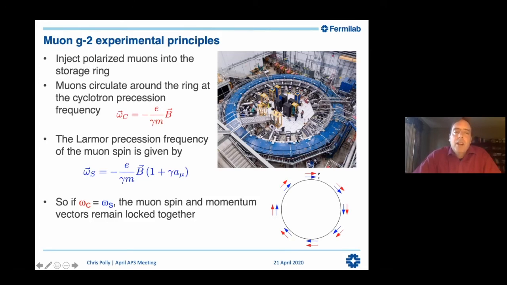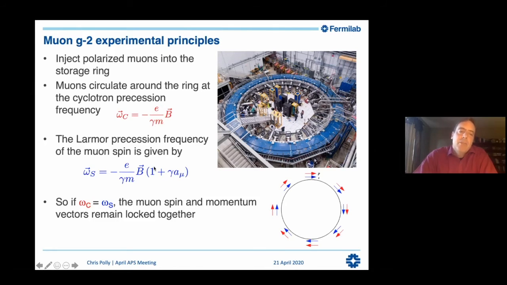Muons circulate around the ring at the cyclotron precession frequency, given to first order by this equation. The Larmor precession frequency of the muon spin, by comparison, is given by this equation. It's interesting: if the cyclotron frequency and the Larmor precession frequency are equal, then essentially the spin vector and the momentum vector are forever locked together as muons go orbiting around the g-2 storage ring.